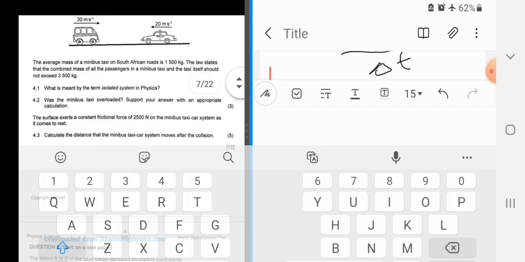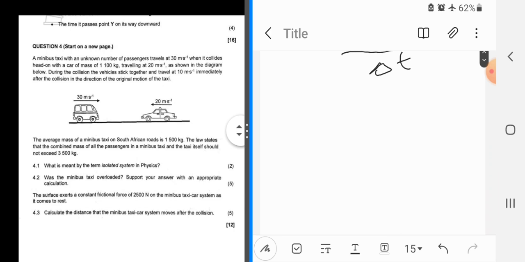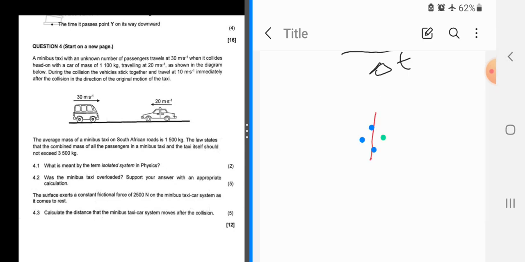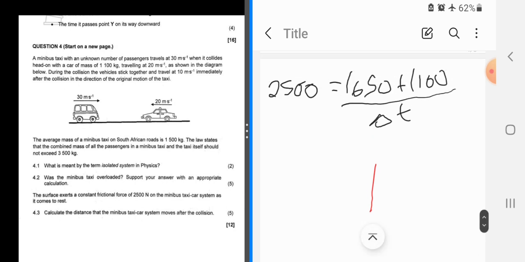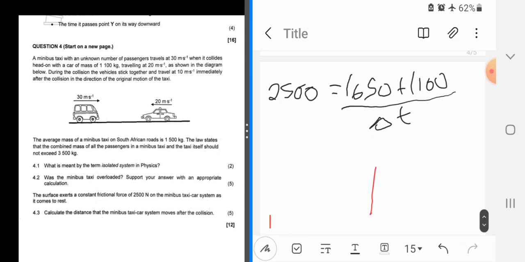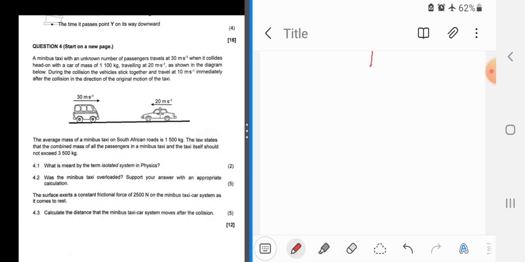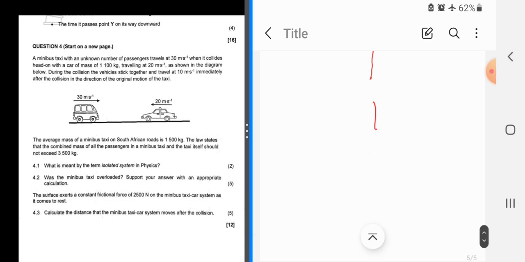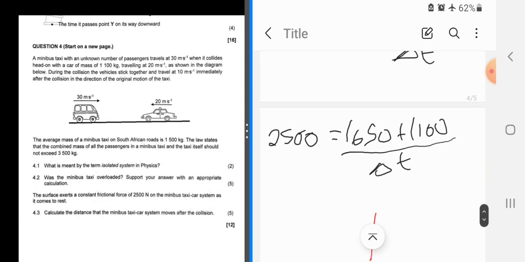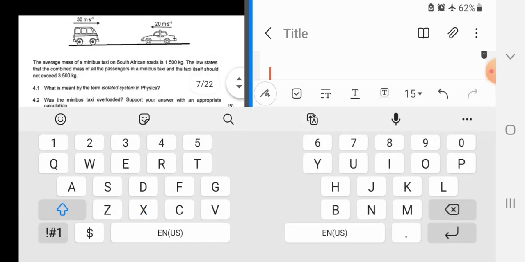So what will happen is that we will cross multiply here.